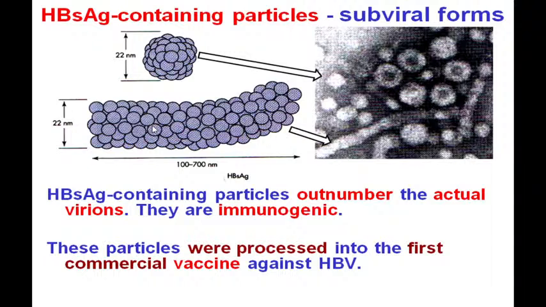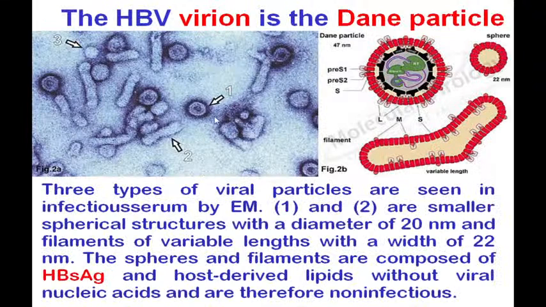And you see them here very well, right? Usually they are 22 nanometers in diameter, and one is spherical and the other one is quite long. It can be up to 170 nanometers in length. But the most important particle is the so-called Dane particle.